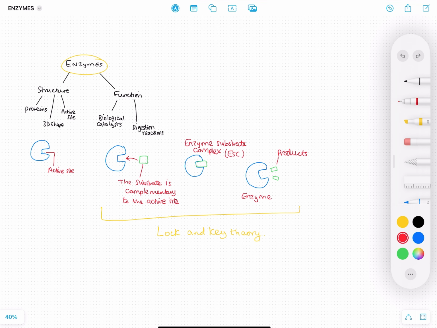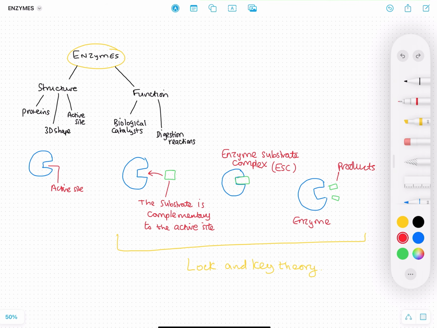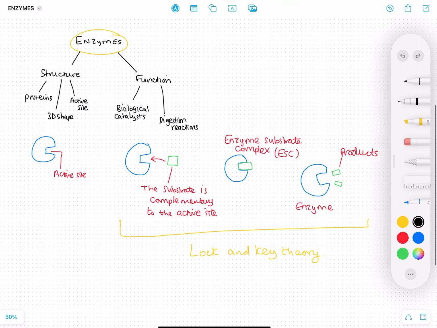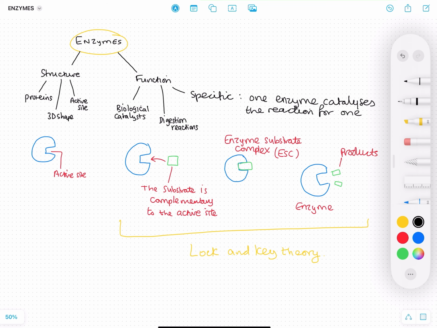For this reason, we say that enzymes are very specific. One enzyme catalyzes the reaction for one substrate.